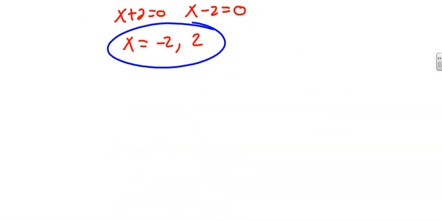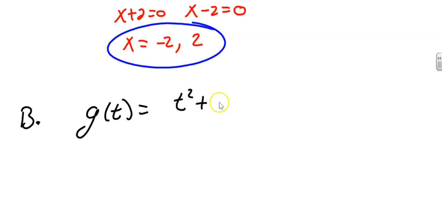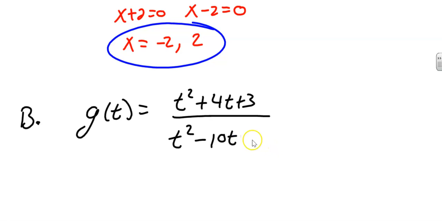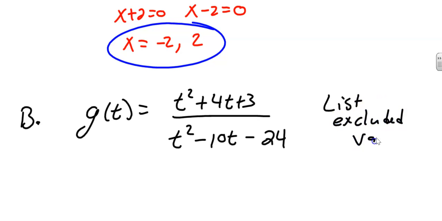If we give you a different example, maybe this t squared minus 10t minus 24. With the same directions, go back and list what the excluded values are.